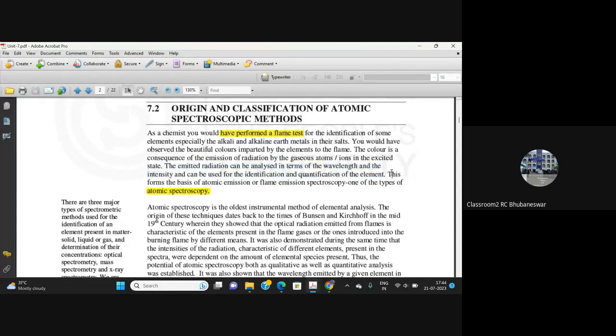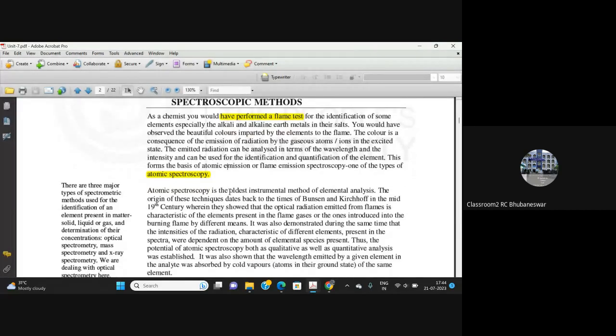So this forms the basis of atomic emission or flame emission spectroscopy. Flame photometry is one of the types of atomic spectroscopy.